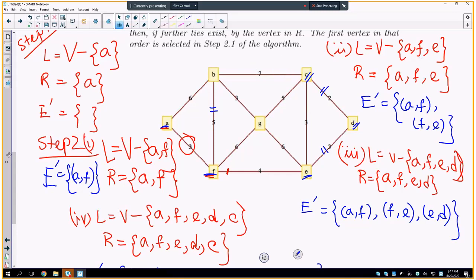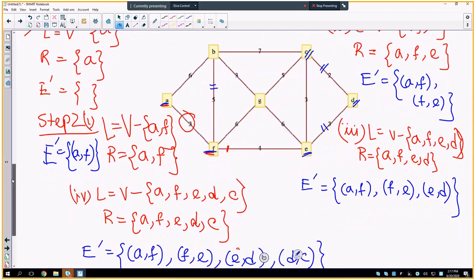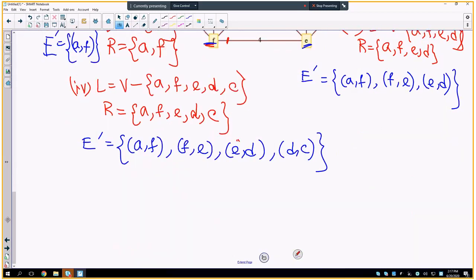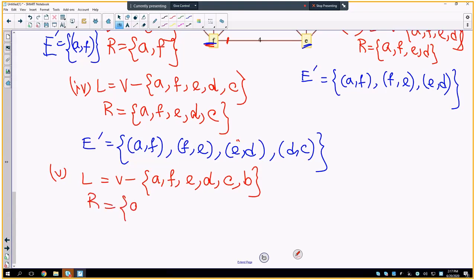And in this situation, we will write down L, R, and E prime one more time. So L in part 5 is going to be V minus A, F, E, D, C. And remember, I included B in this list. So R is going to be A, F, E, D, C, and B.